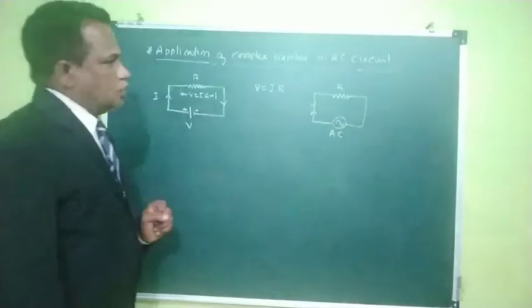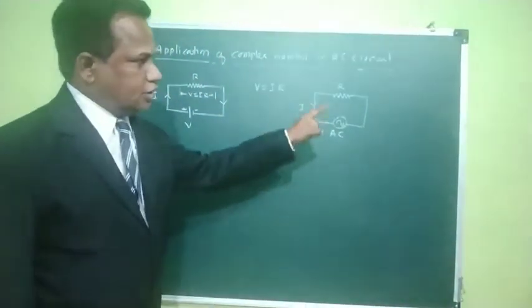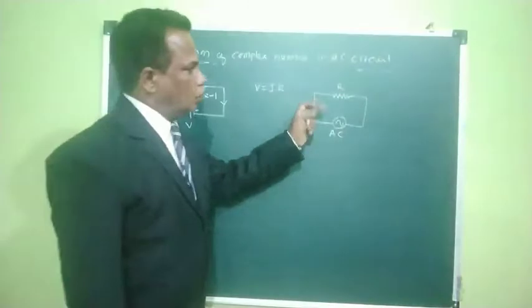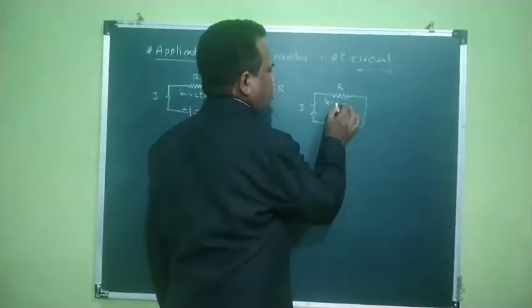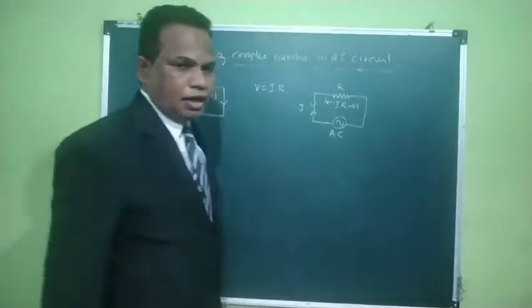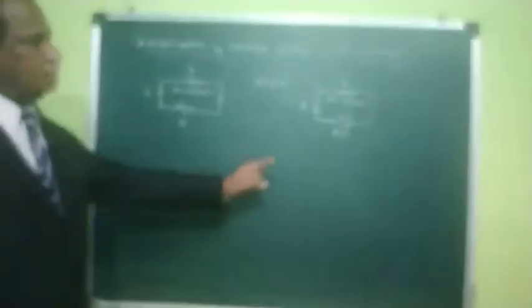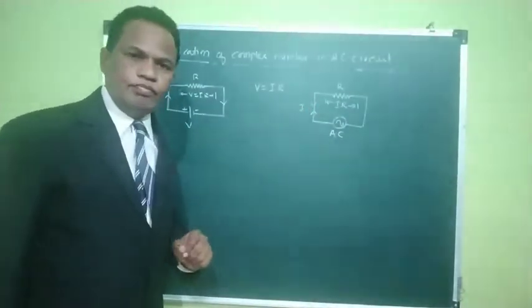Okay. So when the current is changing, only the direction changes, but the voltage across this is the same. Voltage across this is I into R. V is equal to I into R, where R is the resistance and I is the current.